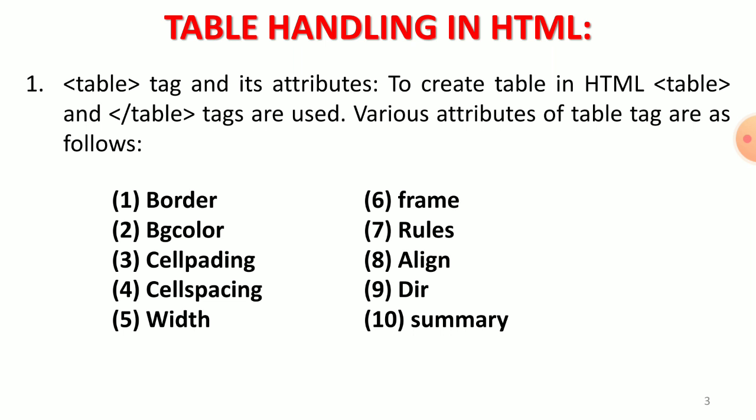This attribute specifies the direction of text that is displayed in the table. Tenth, summary. This attribute presents a description of the table. These are the various attributes of the table tag.